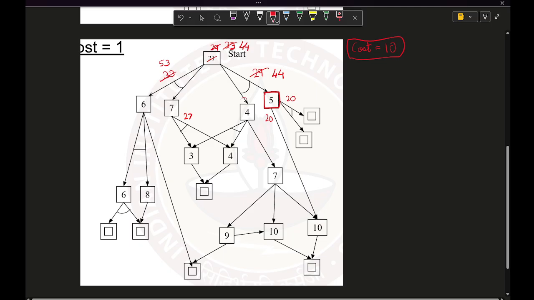Okay, so 4 is not an AND node. 4 is an OR node, which has 2 paths: either it leads to these 2 paths or this path. 4 is actually part of the 4 5 AND node, but now that is the only one which is remaining. 5 is already solved. By itself, it is an OR node.